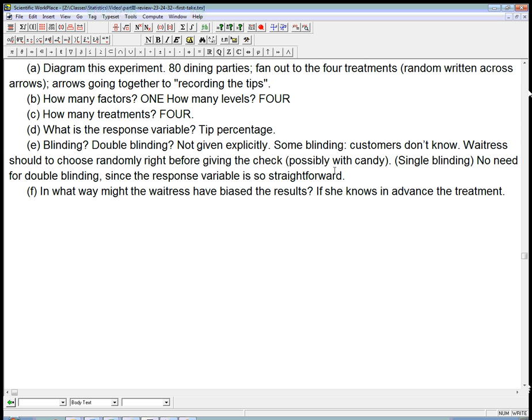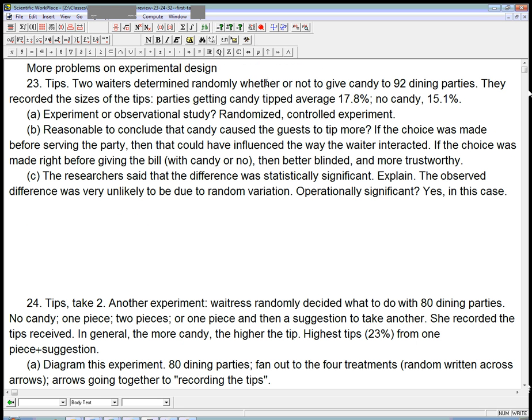Just as a comparison, back in 23, for example, this could have been blocked. The dining parties could have been blocked by whether they are ordering a large meal, paying lots of money, or a small meal. Maybe you could say parties that are paying over $50 and parties paying under $50. It might be interesting to know, are the big spenders more or less affected by getting candy?